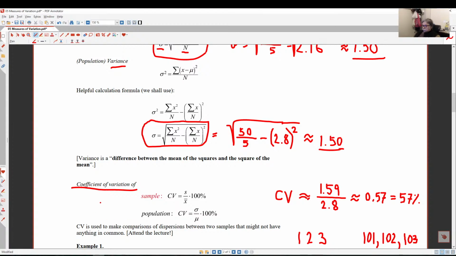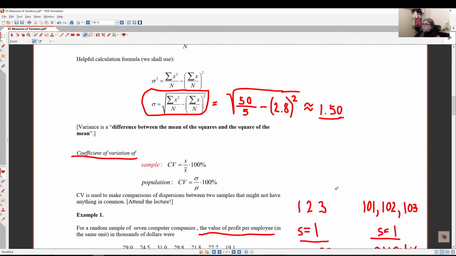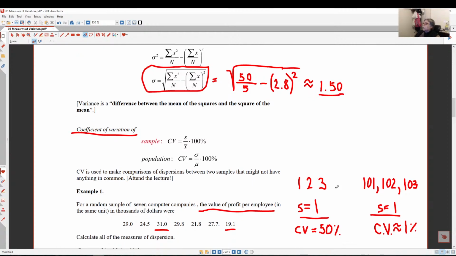We also have coefficient of variation. Why is that important? Okay, here's the story. The story is that the variability also depends on what size you're talking about.